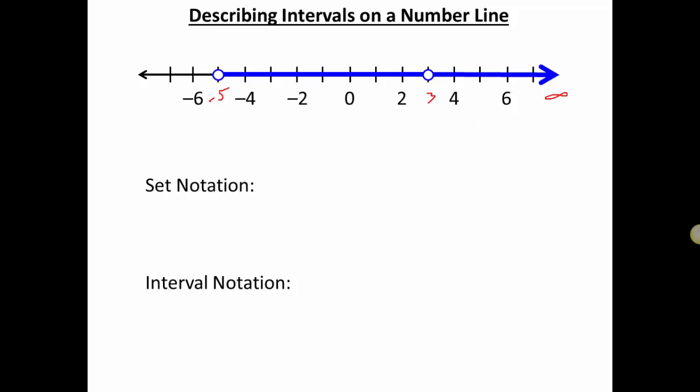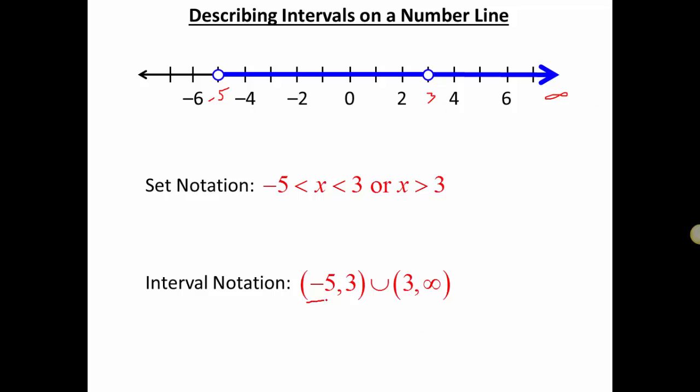So for my set notation, since I have a bounded interval between -5 and 3, I'll use the statement -5 is less than x is less than 3, open on both ends. And then with an "or", I'll say my second interval, x is greater than 3. For my interval notation, all I have to do is essentially drop the x for the bounded interval, -5 to 3. Union, for my unbounded interval, it goes from 3 to infinity.